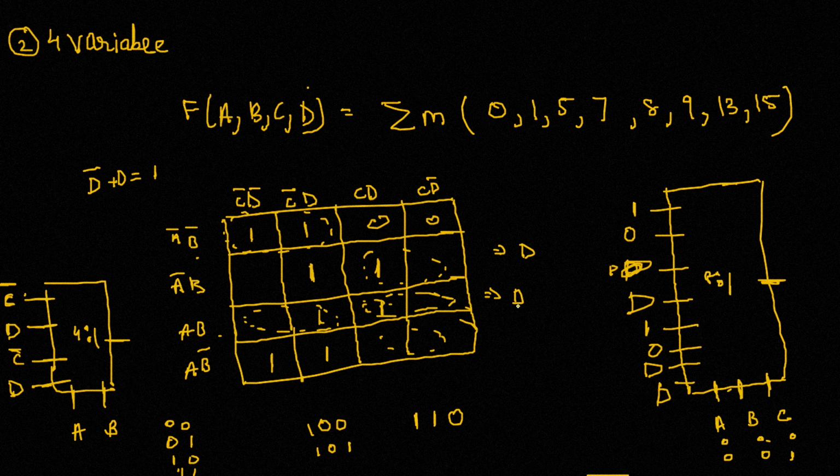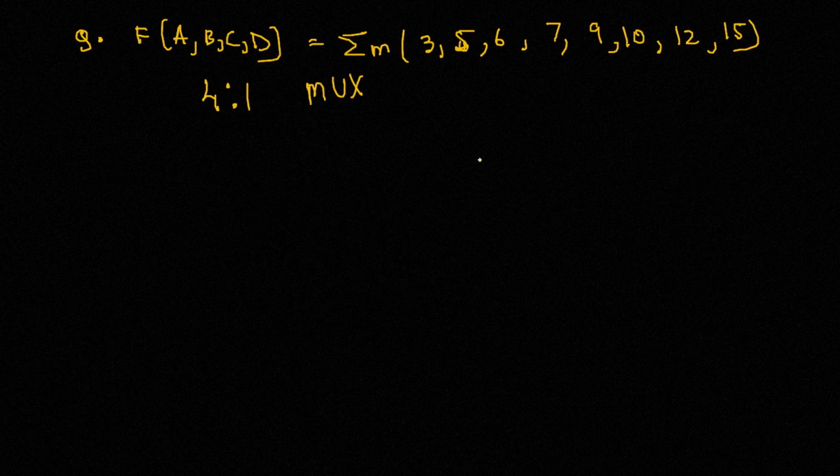See, in this particular example, we never had to perform operations between these variables while taking them as input lines because we directly got C complement and D. But whenever a particular operation is needed, like if we had 1001 and we had to perform C plus D complement and things like that, then we'll have to use external gates like an AND gate or an OR gate to actually simplify it fully. So this is using a 4 cross 1 mux and external gates.